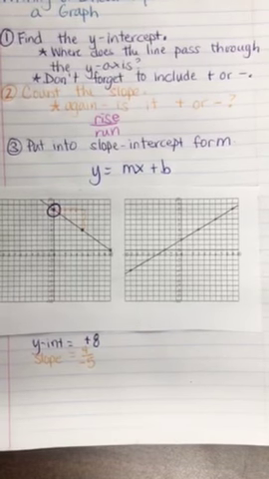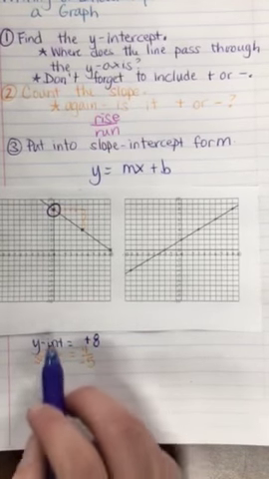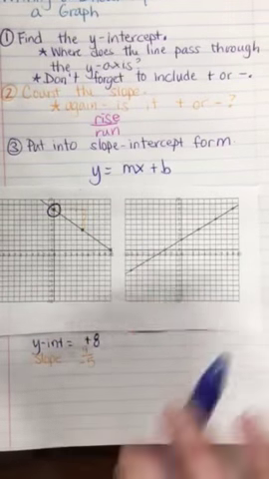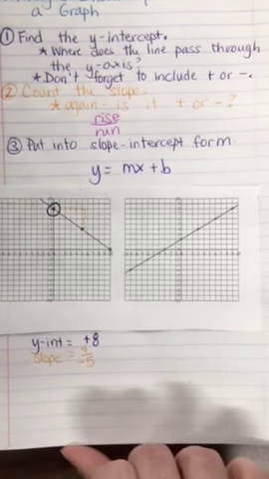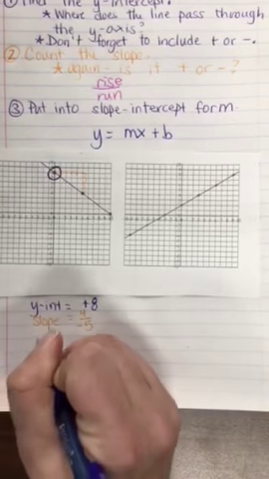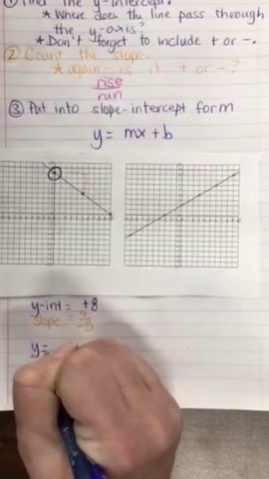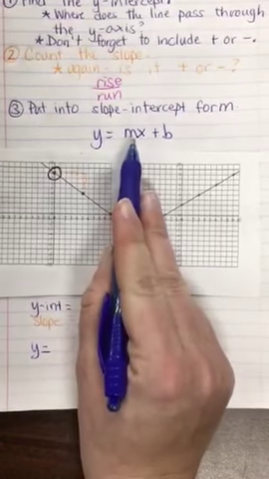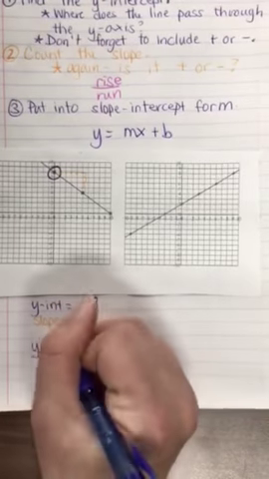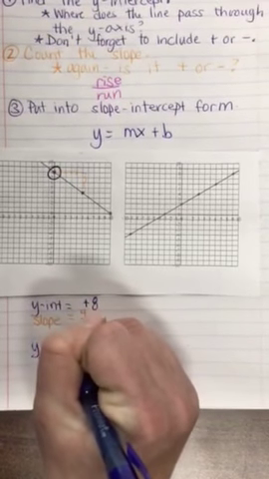Now my third step is just to put these two pieces of information into slope-intercept form. So y equals mx plus b. My equation's always going to start with y equals, m represents my slope. So here's my slope, negative 4/5.